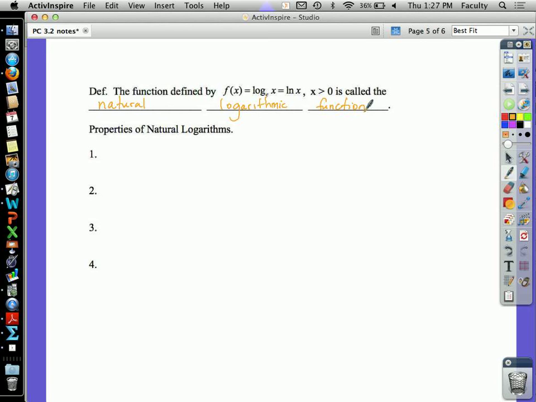Properties of natural logarithms. This will be similar to logs with base 10. We know ln 1 is also 0 because e to the 0 is 1. We know ln e is 1 because e to the first is e.